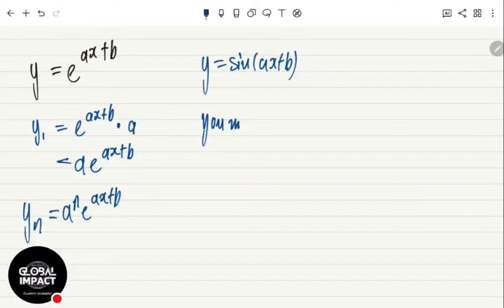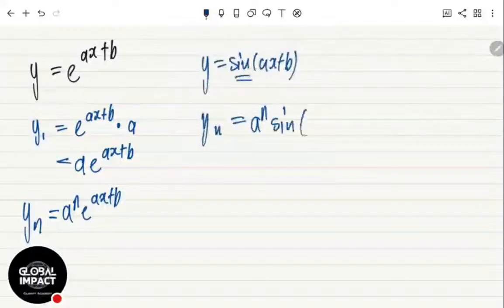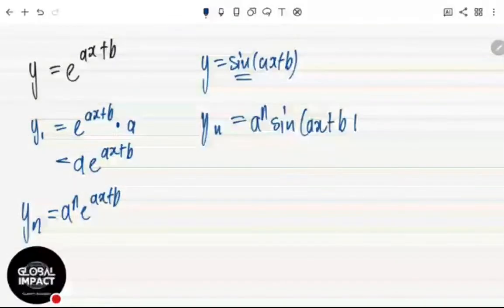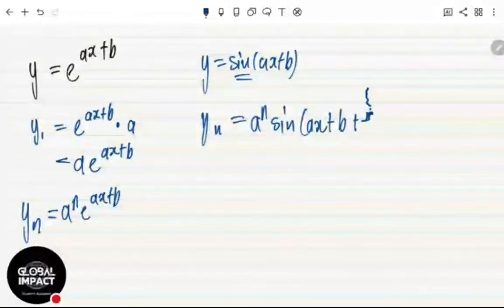Your yn would still have an a to the n, but now it is sine of ax plus b plus, and just remember to put n pi over 2.